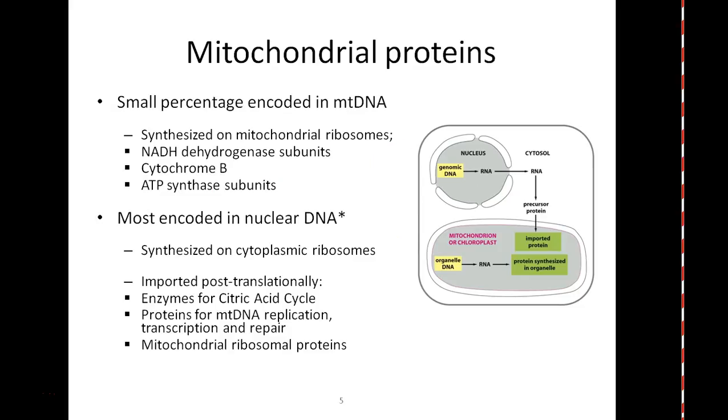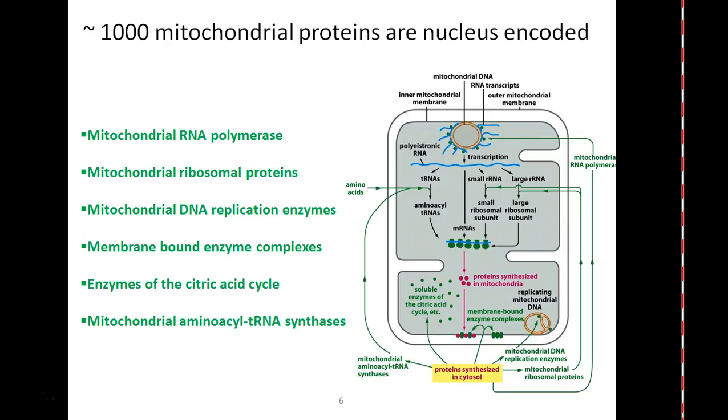And like I said, most of the proteins building the mitochondrium are encoded by the nuclear DNA, and they are synthesized on the cytoplasmic ribosomes. And here we have a couple of examples. I showed this diagram last time.